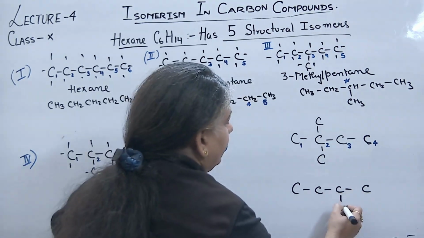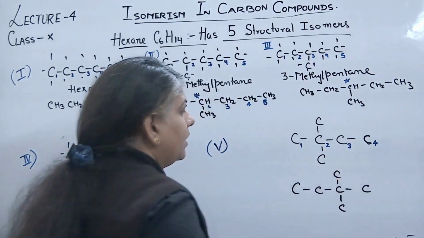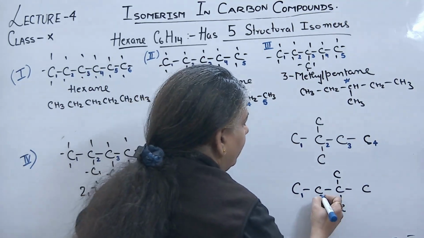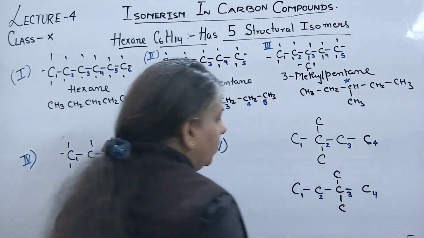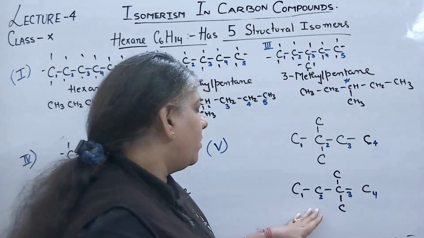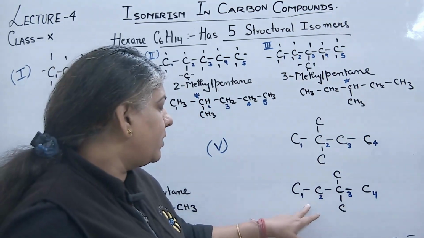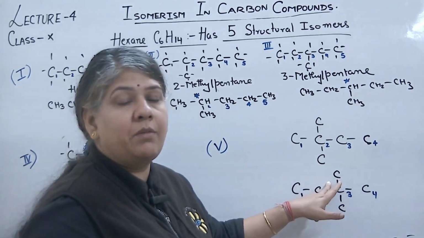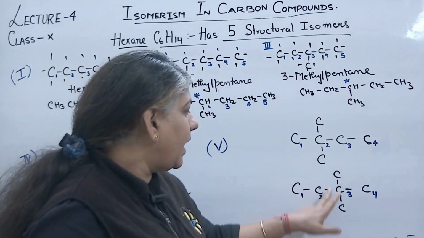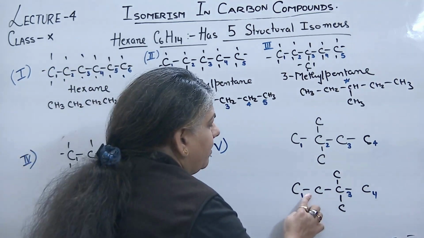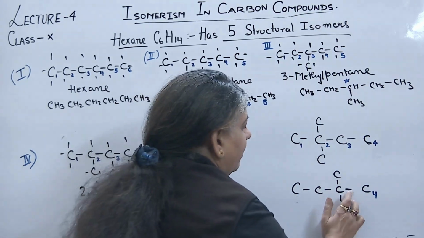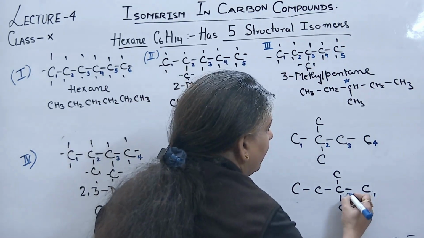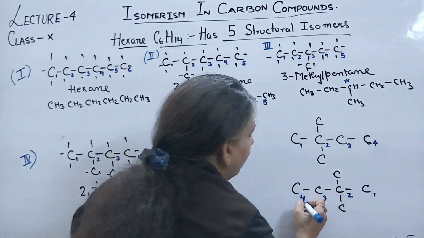So if you place these 2 carbons like this and follow this numbering 1, 2, 3, 4, you will feel that you get a new compound, but this numbering will be wrong, because you must remember that you will start numbering from the end such that the branch carbon gets the least number. So if you are writing in this way, numbering will not begin from left end, it will begin from the right end. See, you will number from here 1, 2, 3, 4.